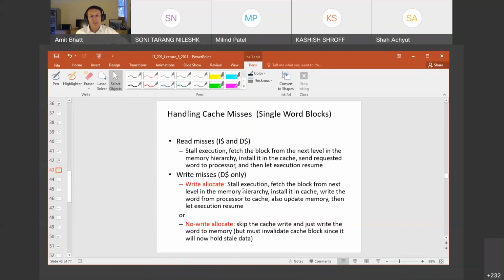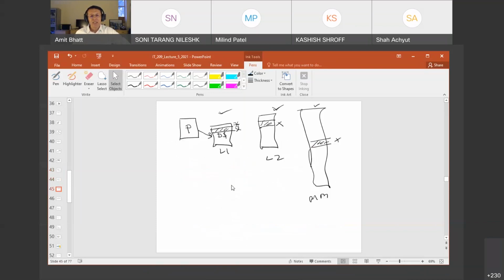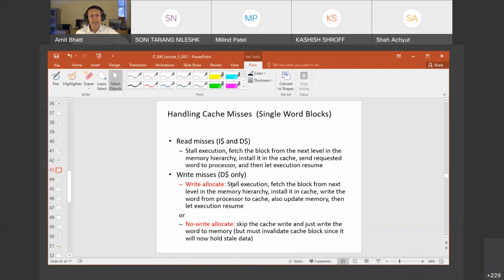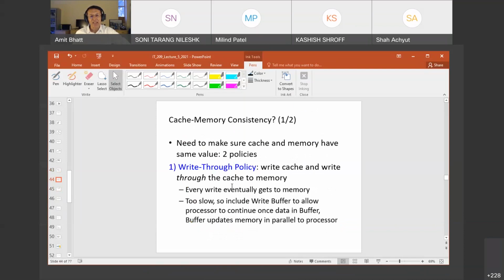Well, this sitting idle is in write allocate or no write allocate. Now processor idle means, because in this particular one, there is a lot of inter-memory traffic in write-through policy.